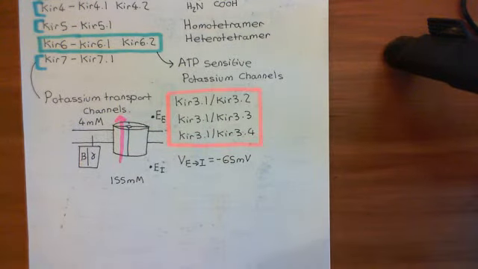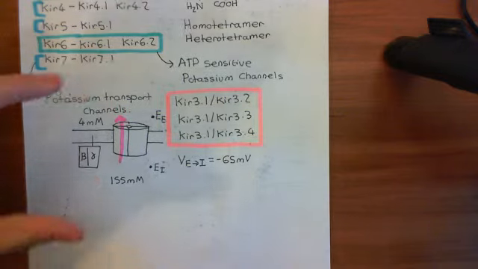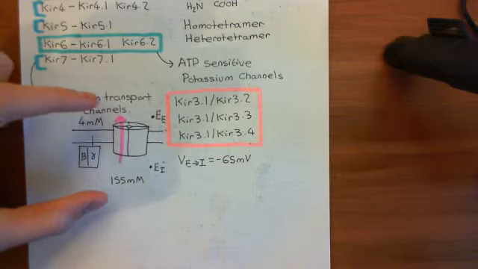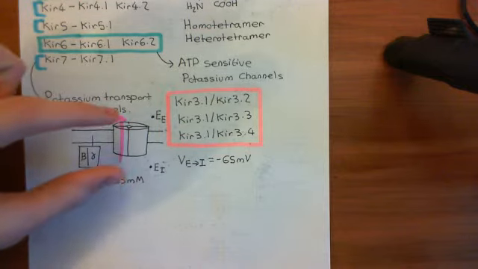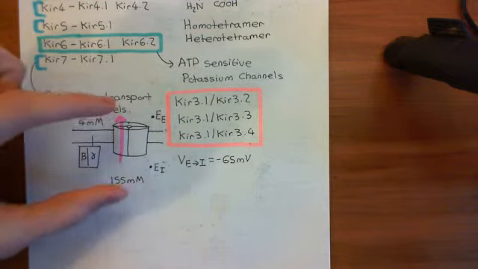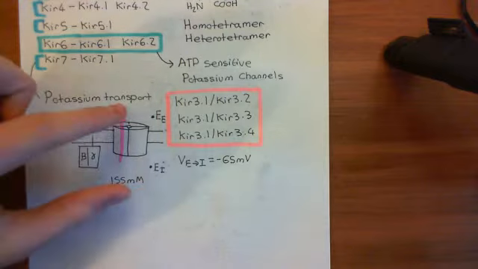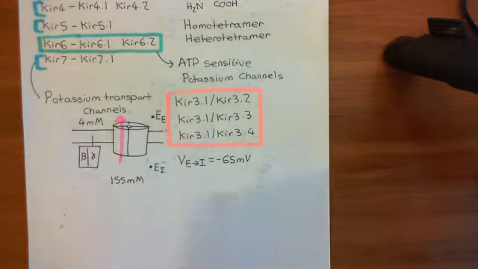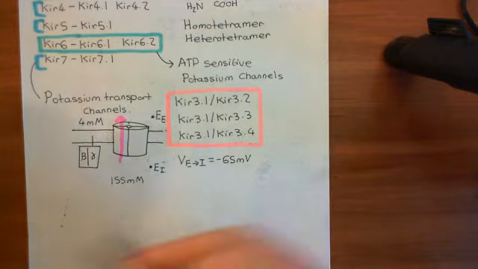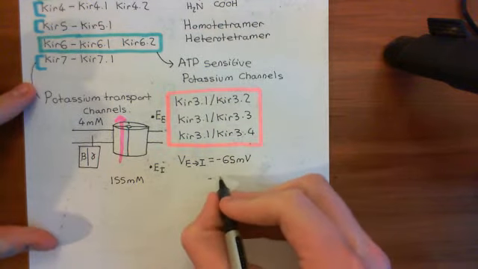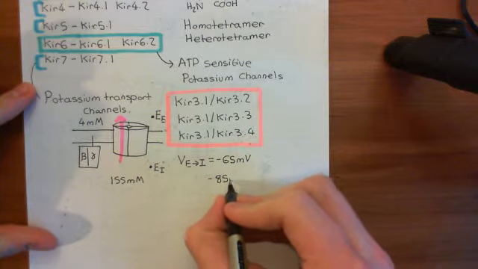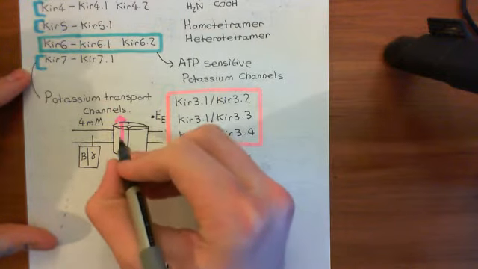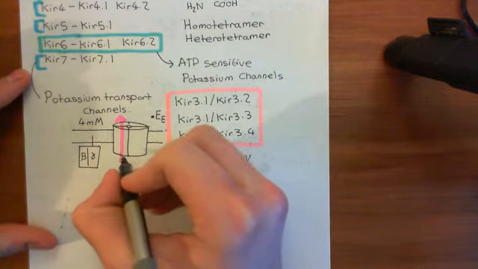What that means is that, to completely oppose the concentration gradient, the electrical gradient across the membrane needed would be -85 millivolts, i.e. if the electrical potential of the intracellular compartment was 85 millivolts lower than the electrical potential of the extracellular compartment, then that would be strong enough to stop the movement of potassium ions out of the cell because of the concentration gradient.